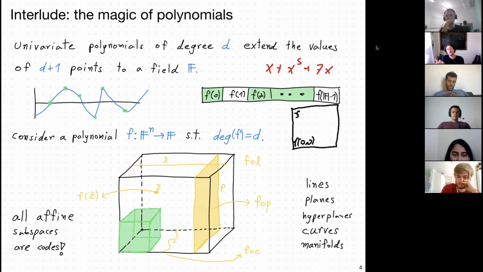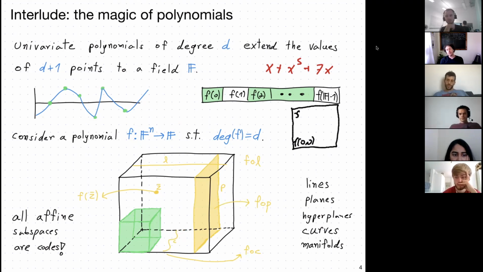So in some sense, the degree remains the same, and this is still a low-degree polynomial. But you can also evaluate a polynomial over a plane, and this would still be a good error-correcting code, in the sense that the plane would have distance between any pair of polynomials. And this extends to curves, to hyperspaces, to manifolds.